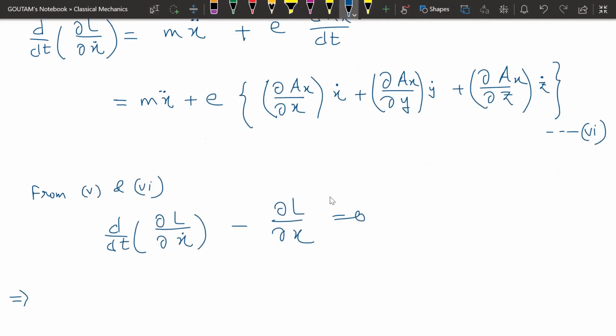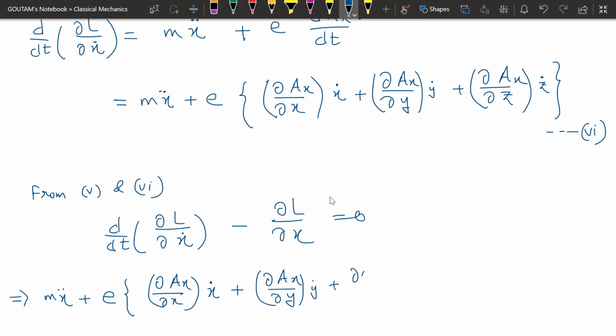The first term will be from equation 6, which is m x double dot plus E (del Ax del x x dot plus del Ay del y y dot plus del Az del z z dot).